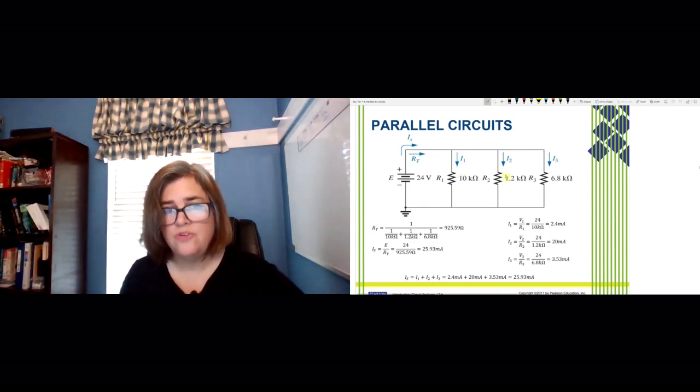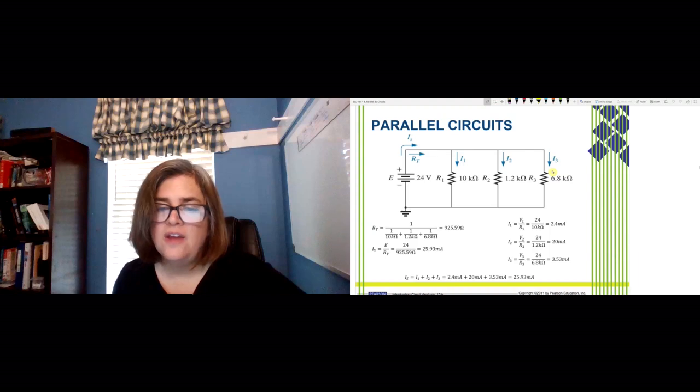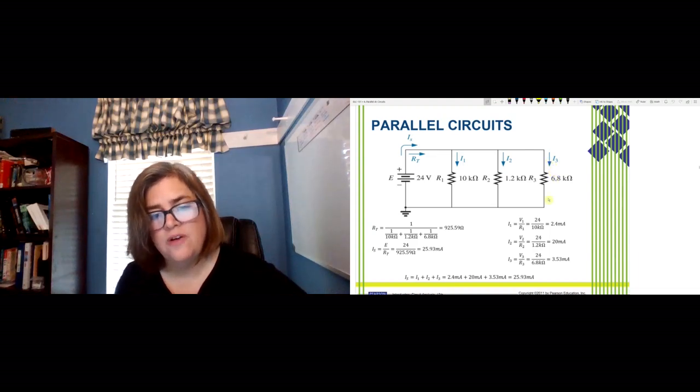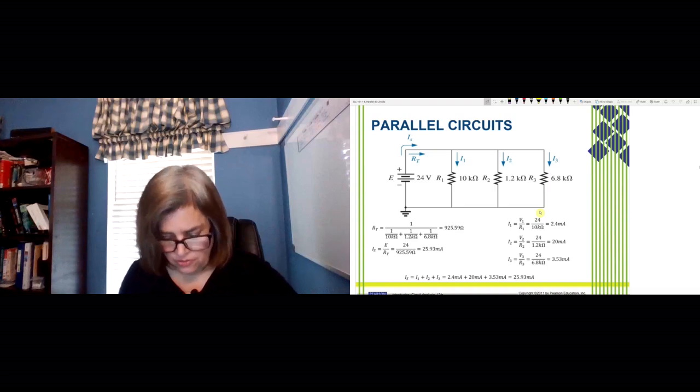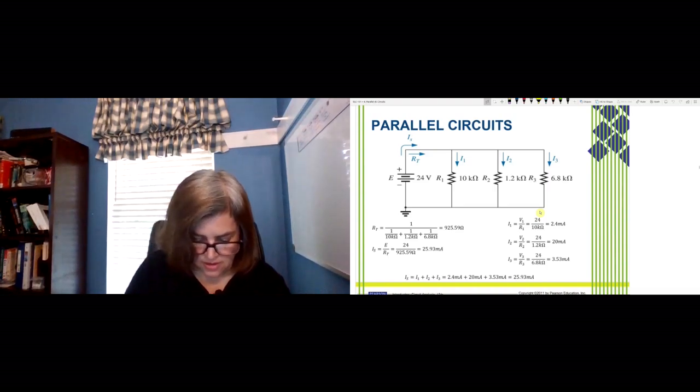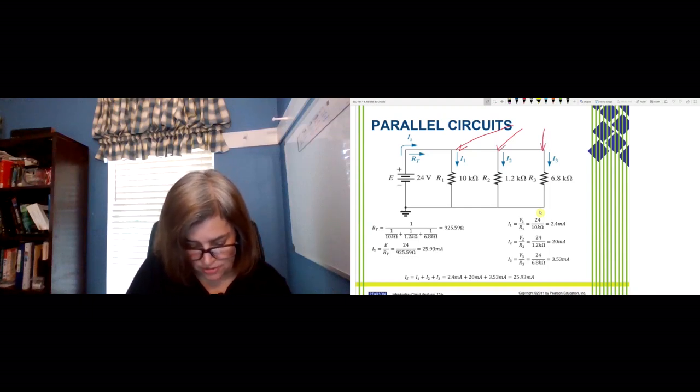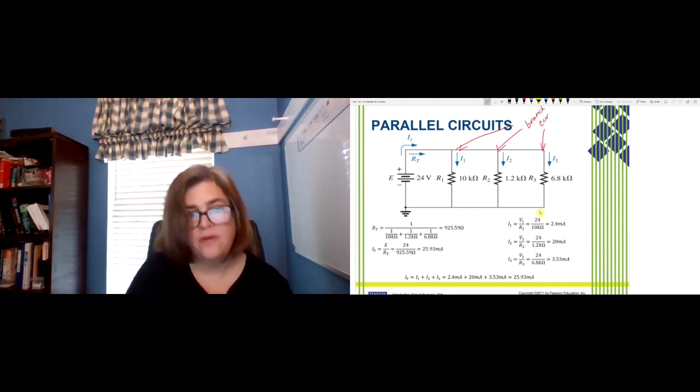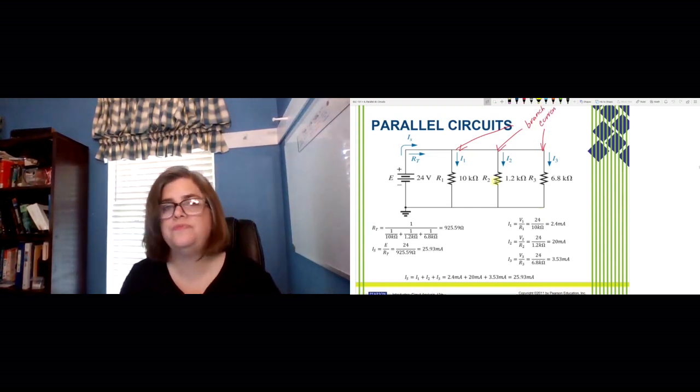That's a significant portion of our source current, and 3.5 milliamps here. When we add all of those currents together, those branch currents, we get 25.93, which was our source current. Okay, so branch currents there.